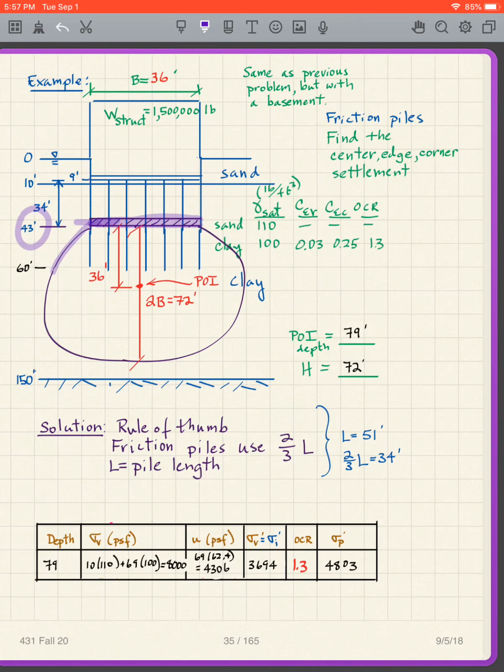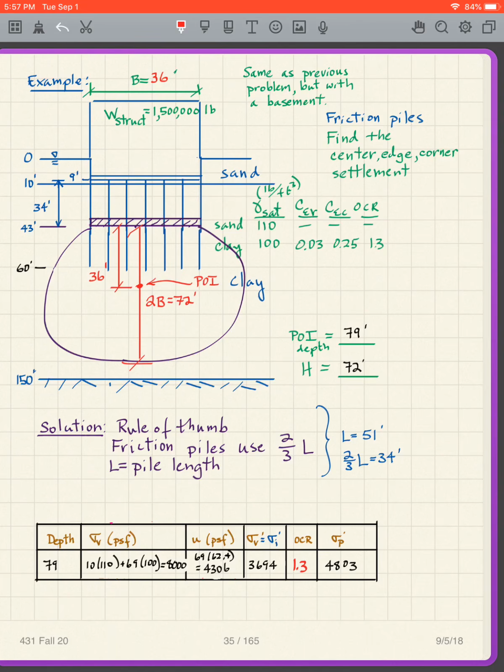And then I'm going to draw this pressure bulb from that. So when I do that, my point of interest depth is going to be, so we go down 2B. In other words, this depth here is 72 below 43, which is 115 feet. For some reason, it's not on there, so let me put that on there.